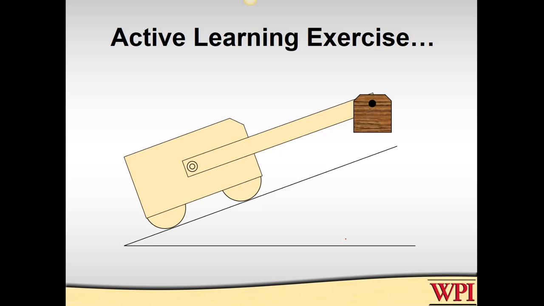So our first example: say we have this robot trying to carry this weight up a ramp. We want to determine how much weight we can carry without the robot tipping over. We also need to calculate the minimum coefficient of friction for this ramp so that the wheels don't slip.